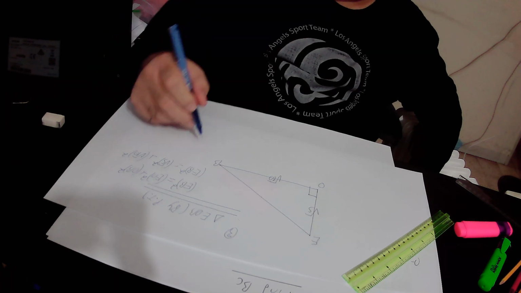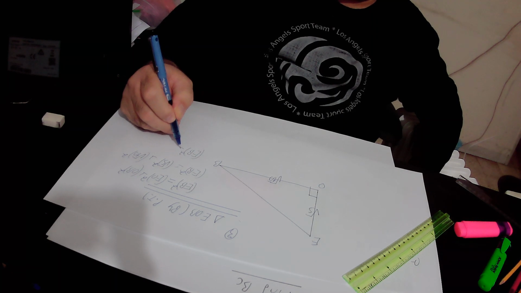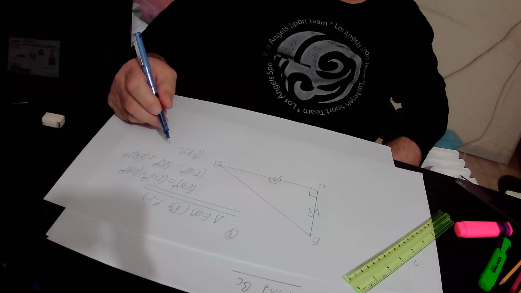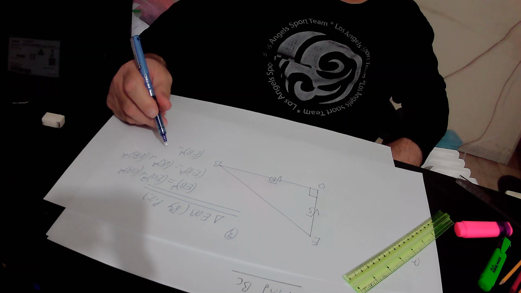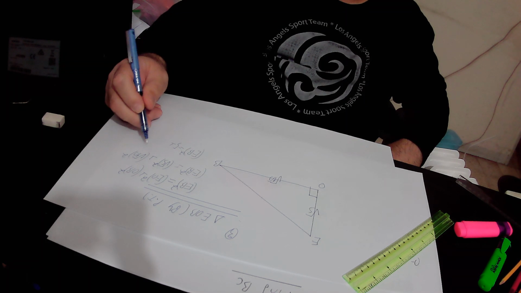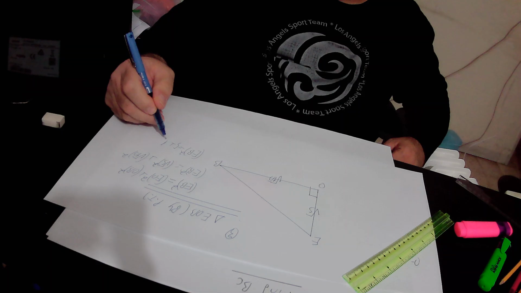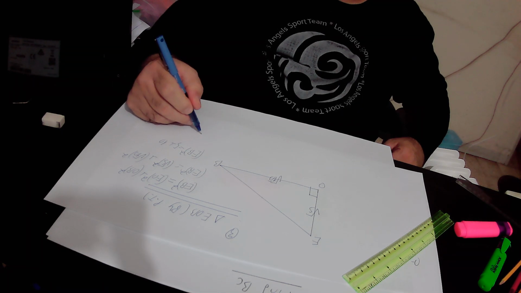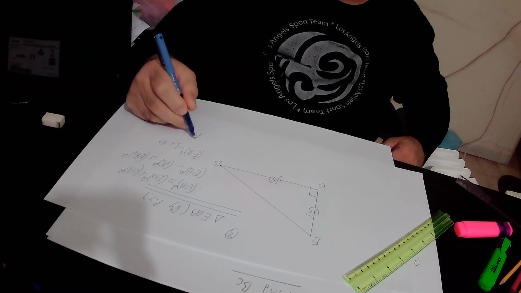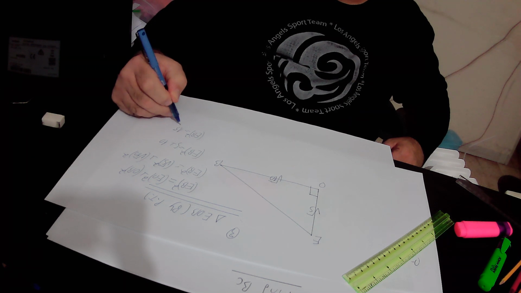In total, we found out that EB squared equals 5 plus 10, that is 15.